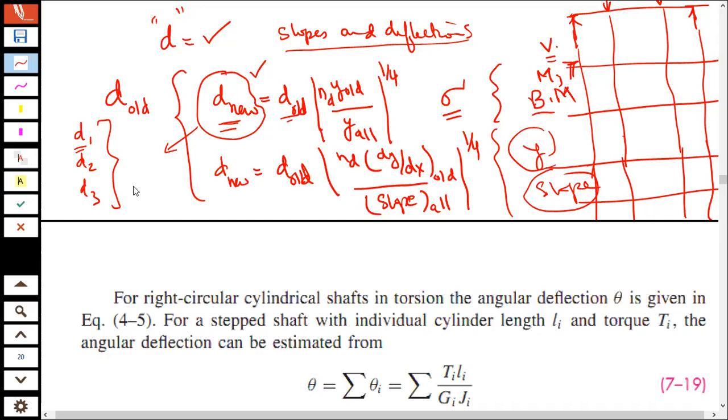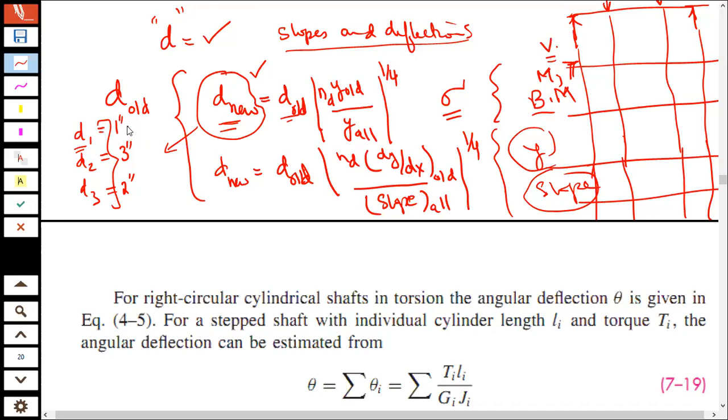समझ में आ गई बात? Like for example, your D1 was 1 inch, your D2 was 3 inches, your D3 was 2 inches. And let's say that you will find that factor, which will be your D new by D old, and let's say that is 2.